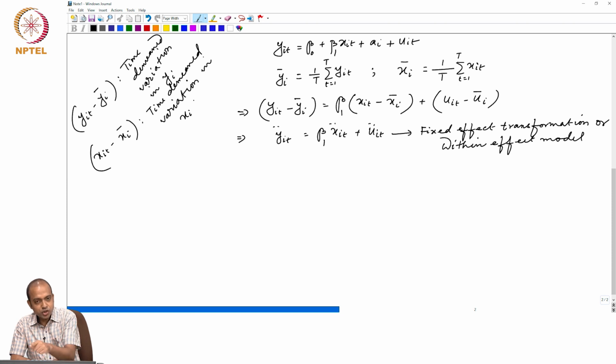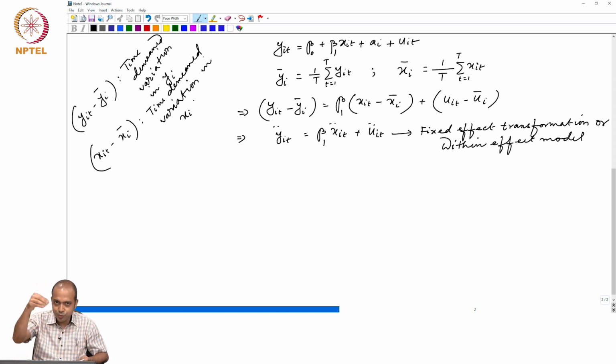Because this transformation YIT minus YI bar, I am calculating for each and every individual. So, within the same individual itself, I am calculating the time domain variation. If I take the ith individual, then I have the ith individual's mean income or mean consumption, and I will take the deviation of each period's consumption from the mean.